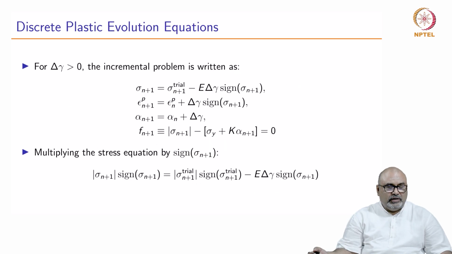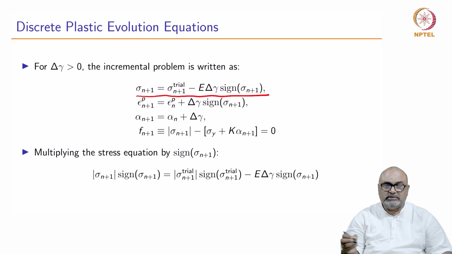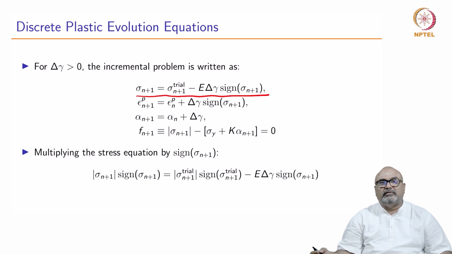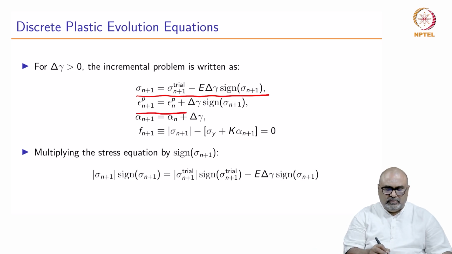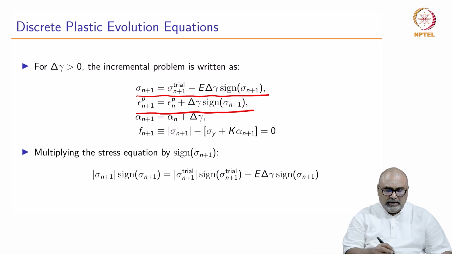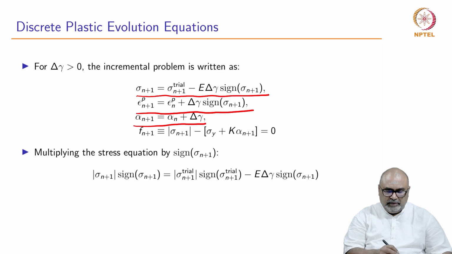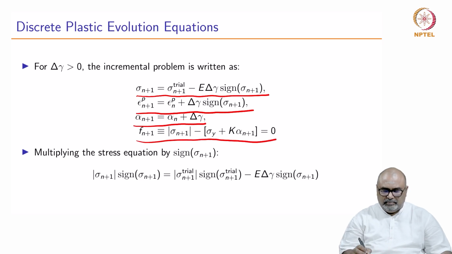Now, for delta gamma greater than or equal to 0, the incremental problem is written as sigma n plus 1 is equal to sigma n plus 1 trial minus E delta gamma sign of sigma n plus 1, and epsilon n plus 1 p is equal to epsilon n p plus delta gamma sign of sigma n plus 1, and alpha n plus 1 is equal to alpha n plus delta gamma, and Fn plus 1 is equal to the magnitude of sigma n plus 1 minus sigma y plus k alpha n plus 1 equal to 0.